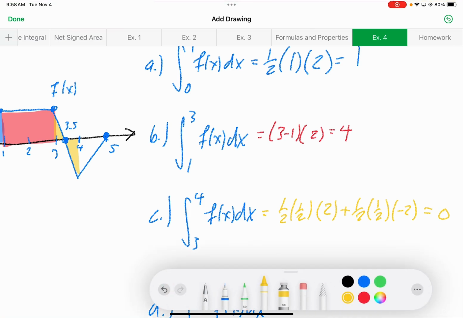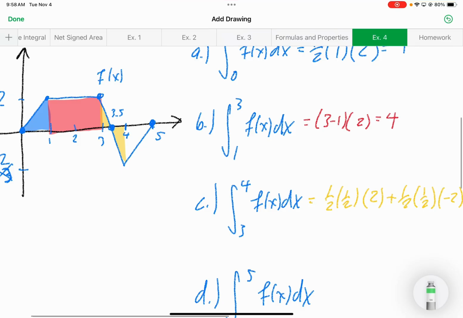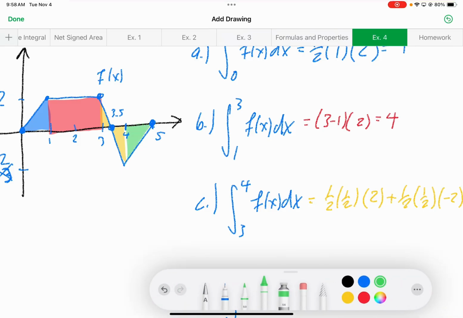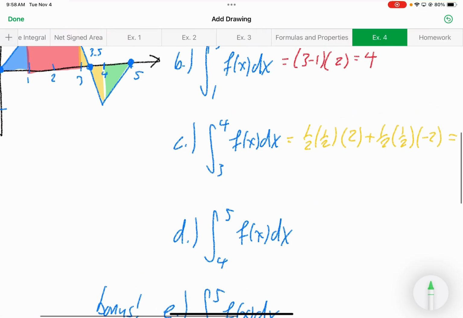And then let's do my last one. All right, so that's from 4 to 5. So there. All right, so that's just going to be another triangle. 1/2 times my base of 1, 5 minus 4, times my height of -2. So that would give me -1.